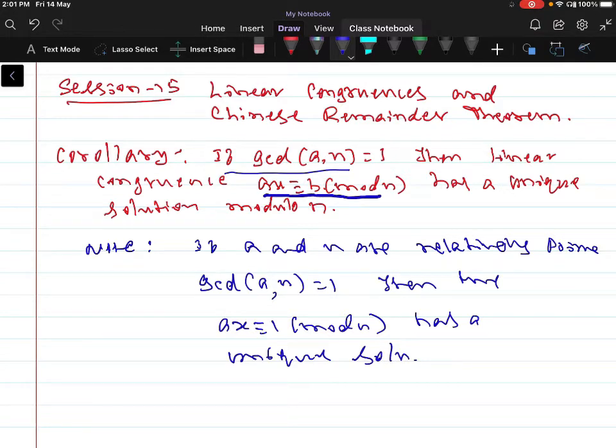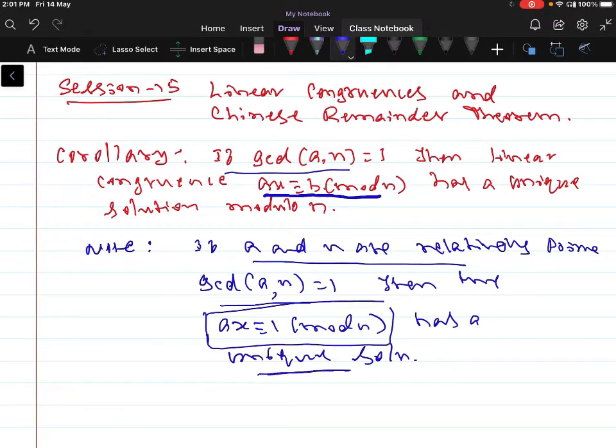If a and n are relatively prime numbers, that is GCD of a comma n is equal to 1, then the linear congruence ax is congruent to 1 modulo n has a unique solution.